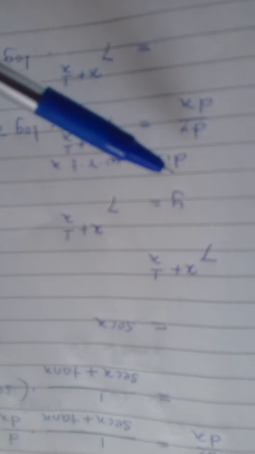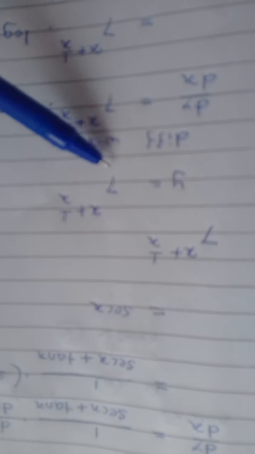Take another example: 7 raised to (x plus 1 upon x). In the same way, y is equal to 7 raised to (x plus 1 upon x). Differentiate with respect to x. Here you will use a formula from 11th standard: the derivative of a raised to x is a raised to x log a.